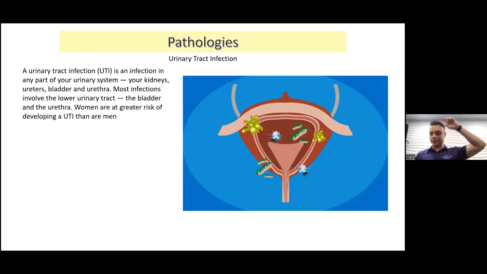So this can happen because of infrequent urination, because urine will also help to clean out the urethra, which is the tube that exits the body. Pee exits the body out of that tube.